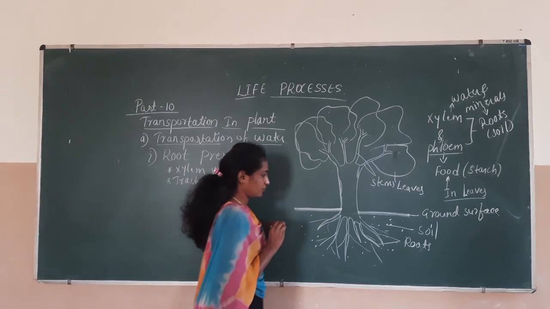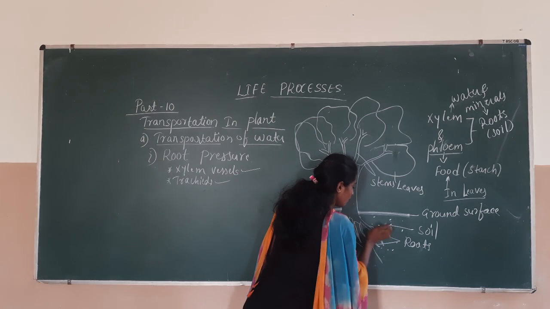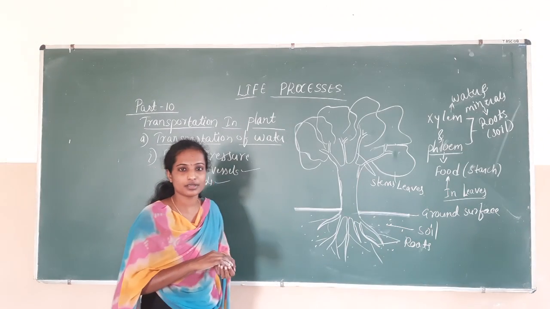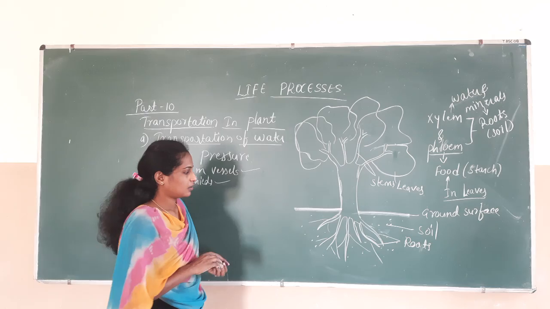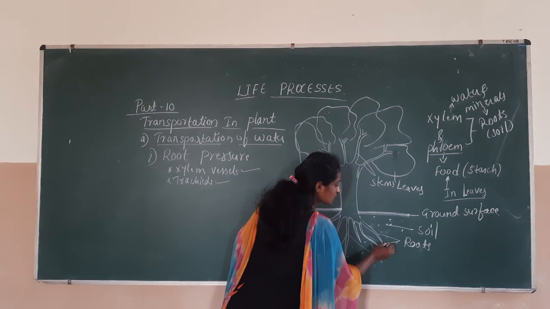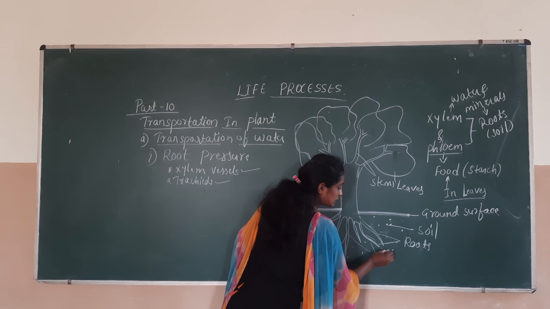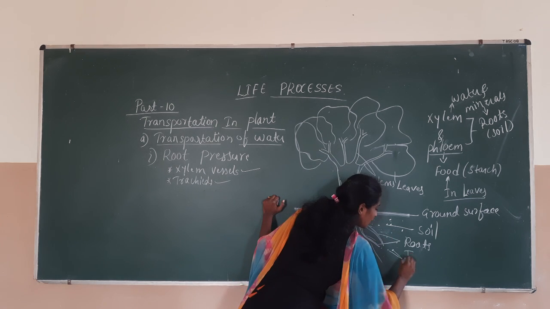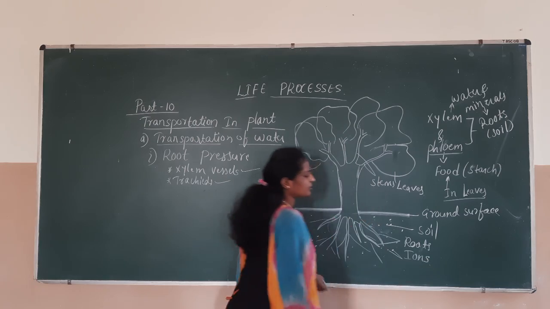Here I am going to show you a schematic representation of how water enters the root. These roots absorb ions. The dots I have drawn here are ions, maybe different ions.